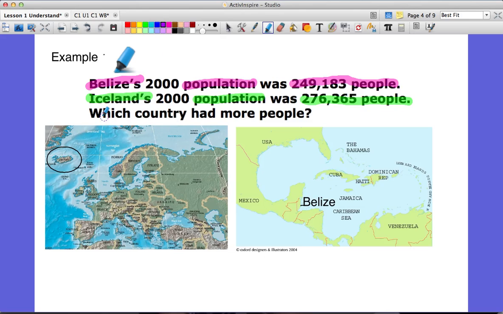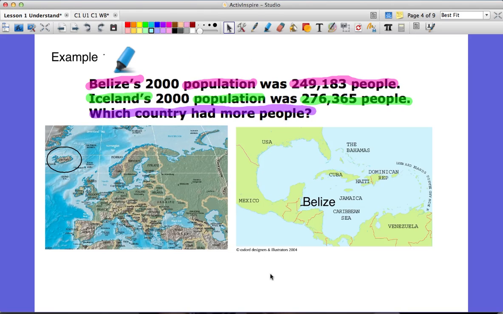And then the most important part, which country had more people? They are asking you here to find which number is larger. But if you were to say, well, 276,365 is bigger, you wouldn't be answering the question because they ask which country had more people. So in the end, our question should be answered by either the country Belize or Iceland.